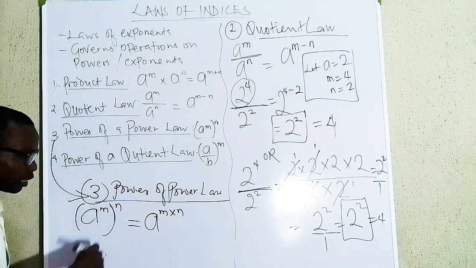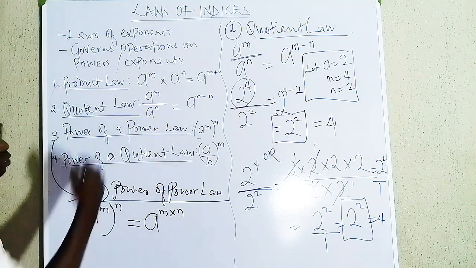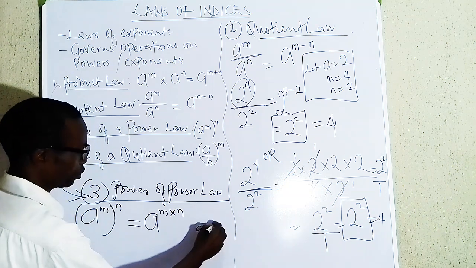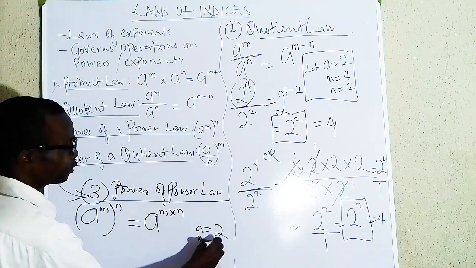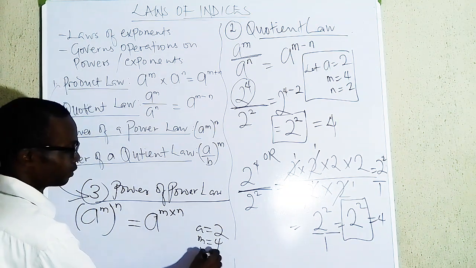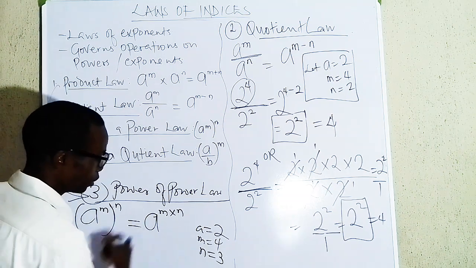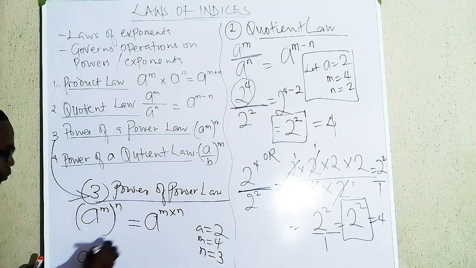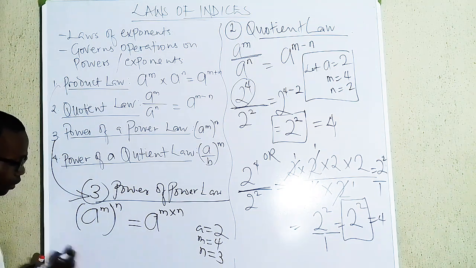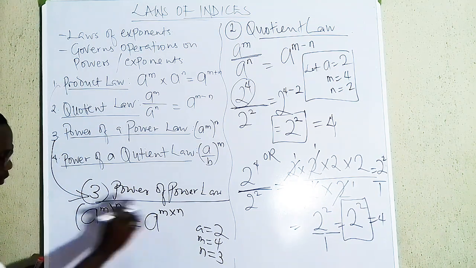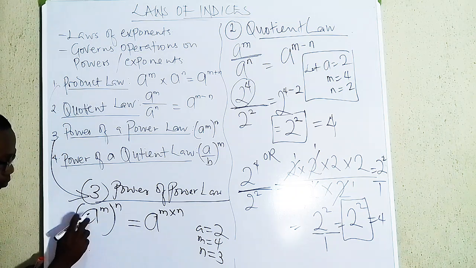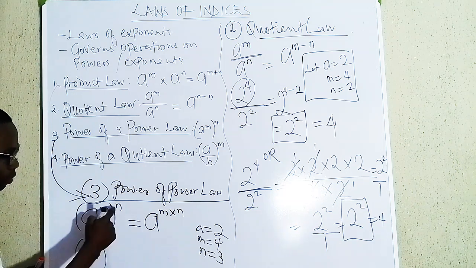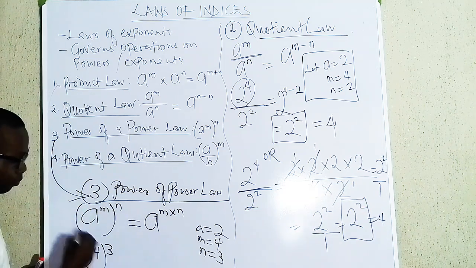Now, if we substitute with values, let's use some other values. If a is equal to 2, m is 4 and n is, let's say, 3, what would that give us? We say a is 2 raised to power m, which is 4, into bracket n, which is 3.